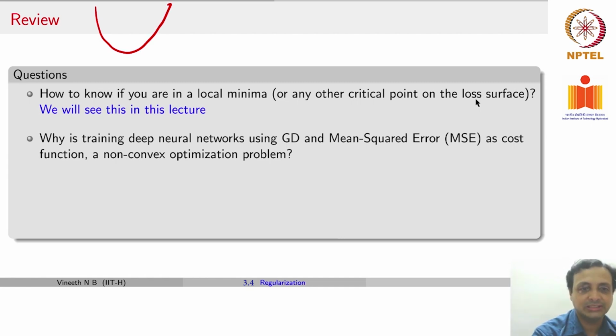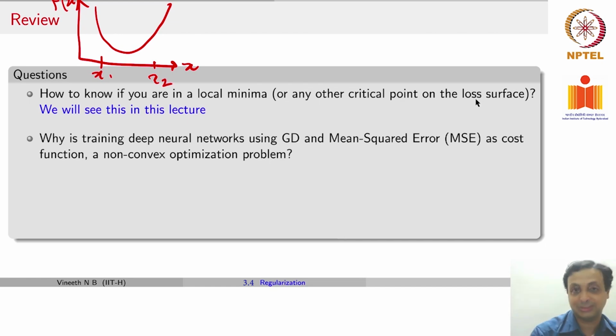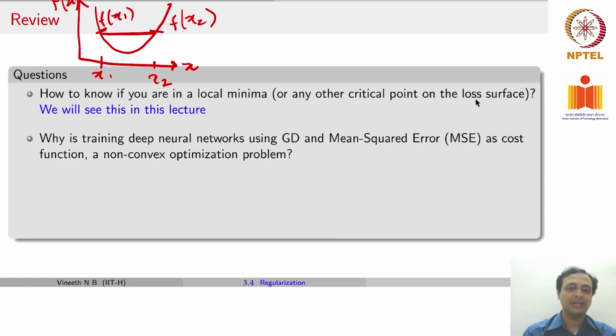The definition says that if you have a point x1 and a point x2, with f of x1 and f of x2 on the curve, then the line connecting f of x1 and f of x2 will always lie above the curve.